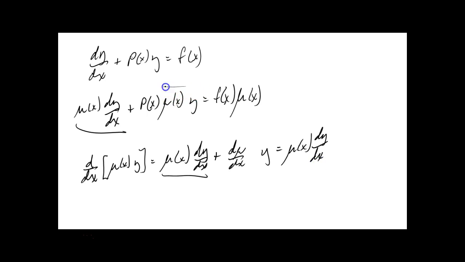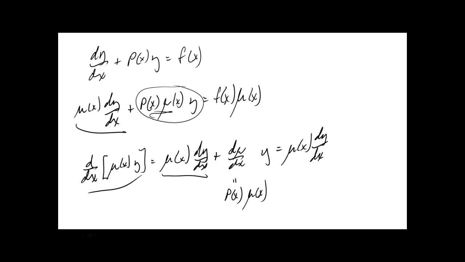If you want this to be the same as this, then you want this thing, d mu dx, to equal p of x times mu of x, because that's what is multiplied by y. So you want this to be true. If that's true, then let's make that the perfect derivative. That's what we want.